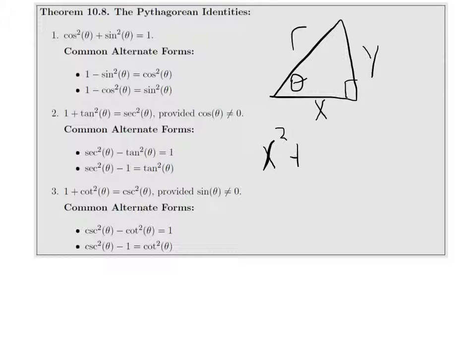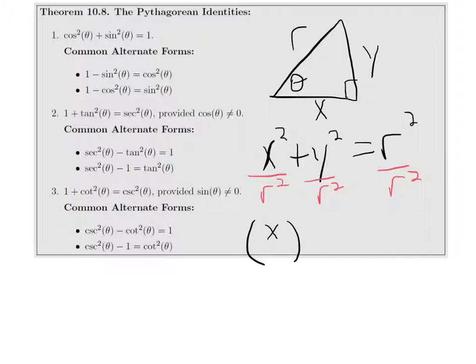X squared plus y squared equals r squared. That's the Pythagorean theorem. If I divide by r squared everywhere, I now have, I'm going to put this in parentheses, (x over r) squared plus (y over r) squared equals 1.